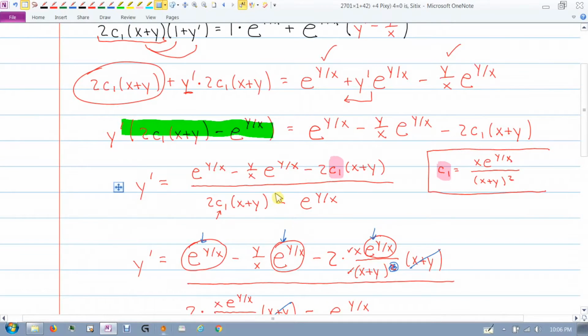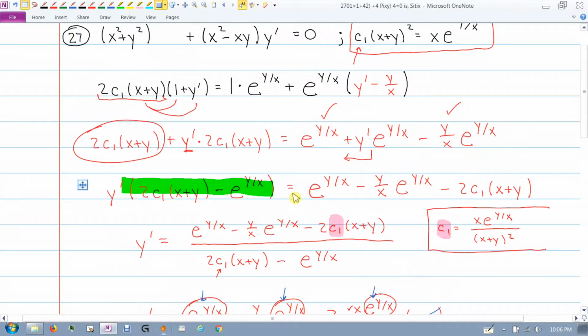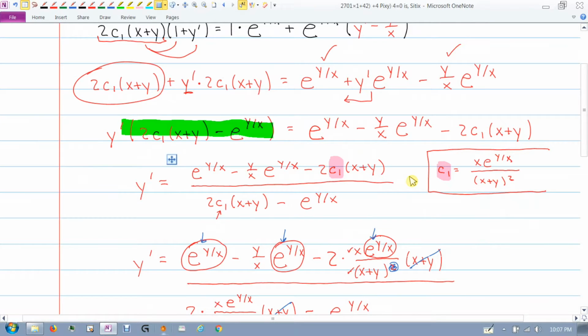Let me just double check some things here. This was all good. Quotient rule. Distribution. This is all good.